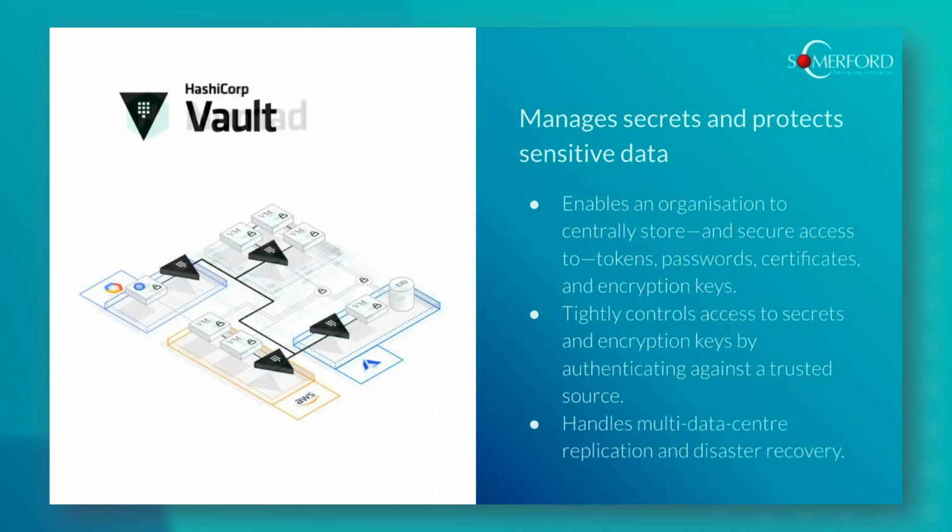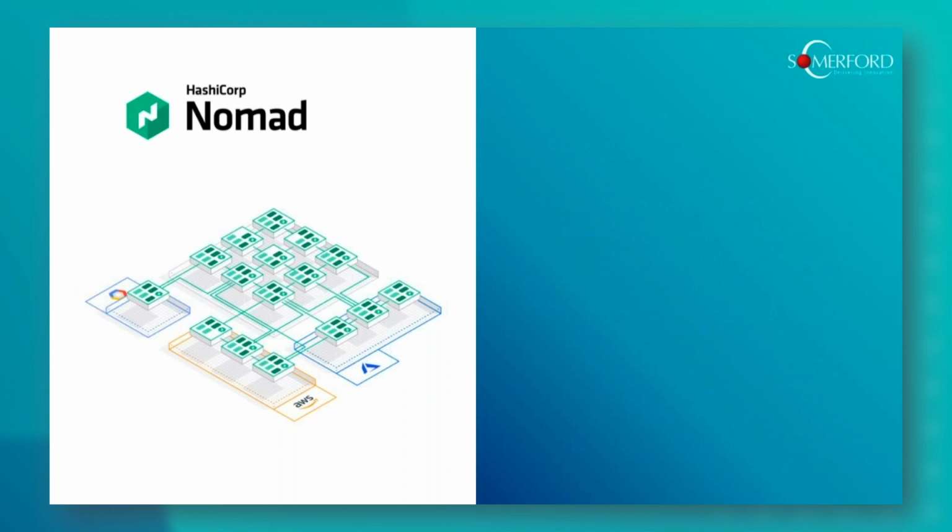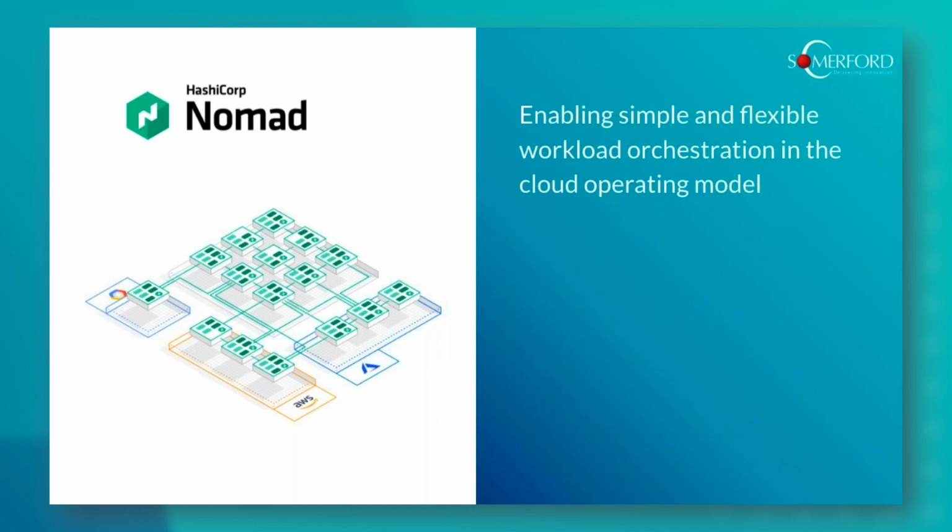Next up is the orchestrator, Nomad. So Nomad's designed to really meet you wherever you are on your cloud adoption journey. It's simple and it's flexible, but also, again, production grade if you need that level with your workloads.